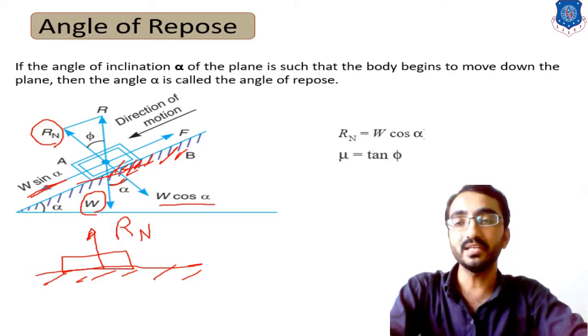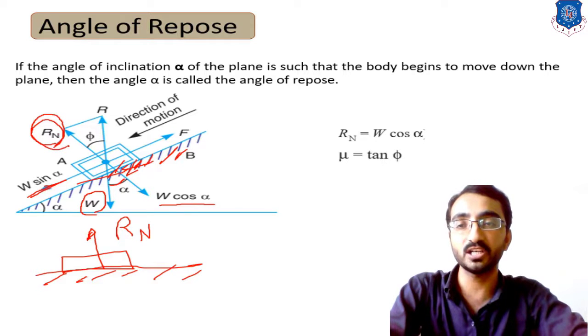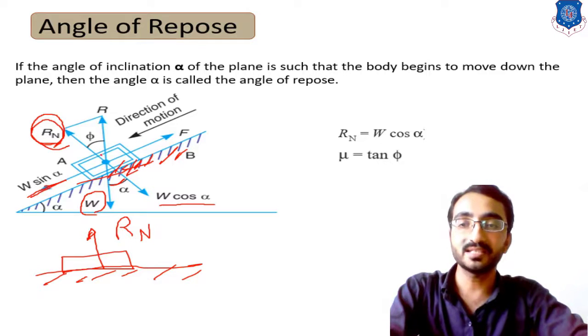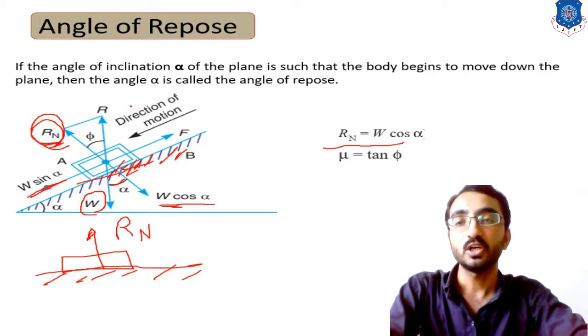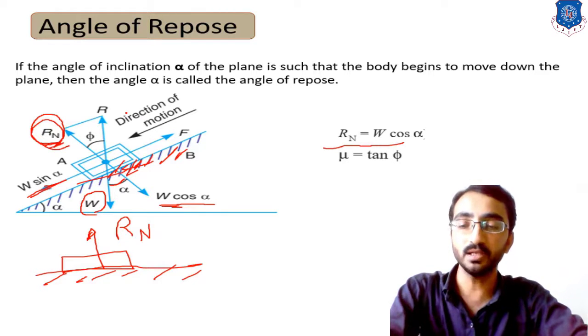That's why over here you can identify the normal reaction component. So from this diagram, if we consider the equilibrium, then Rn is equal to W cos alpha. Okay, so this fundamental will help us to solve the numericals.